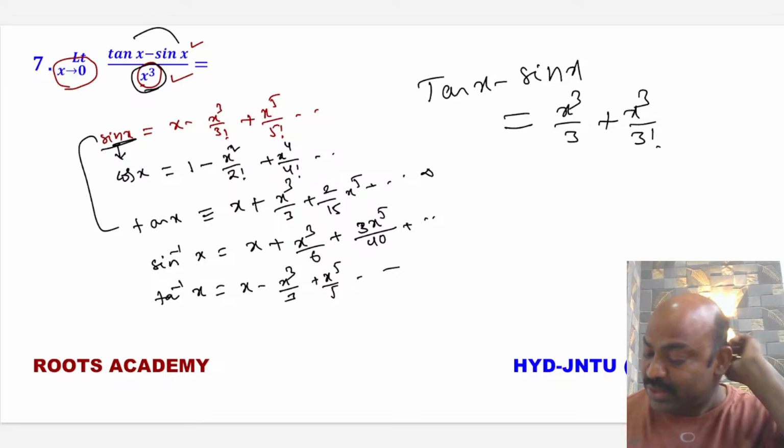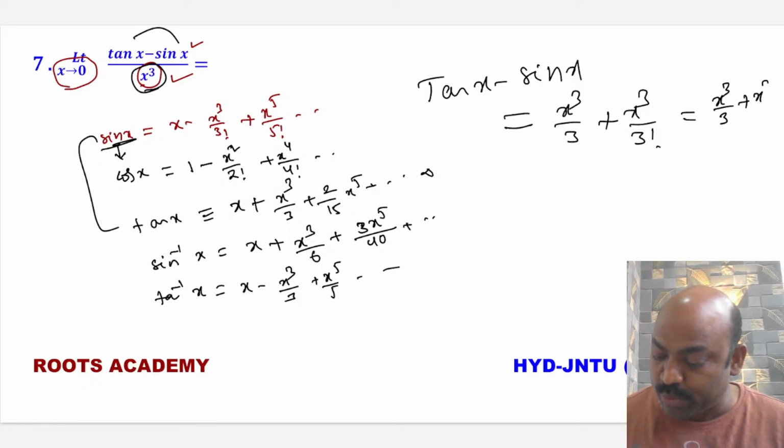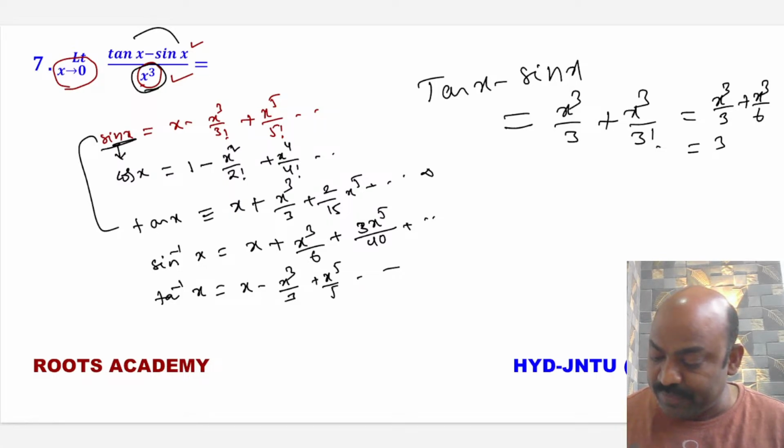So what is the meaning of this? Take care very carefully. 3 factorial means 6, so x cube by 3 plus x cube by 6. What is the meaning of that? 3 x cube by 6, x cube by 2.